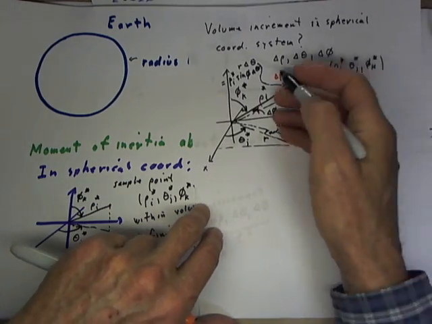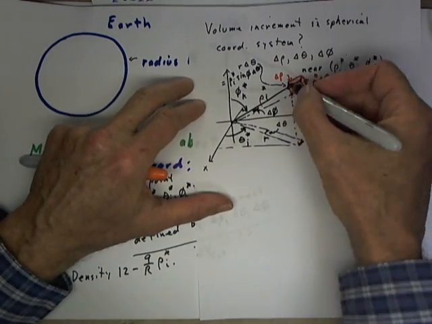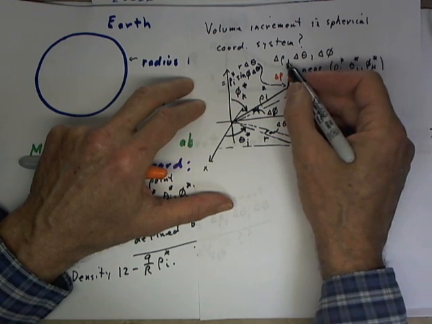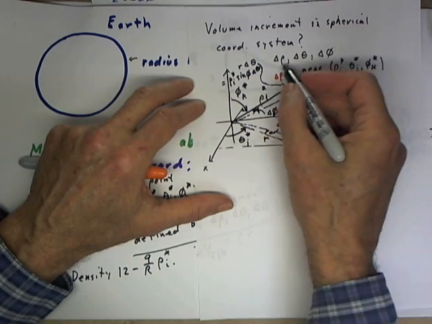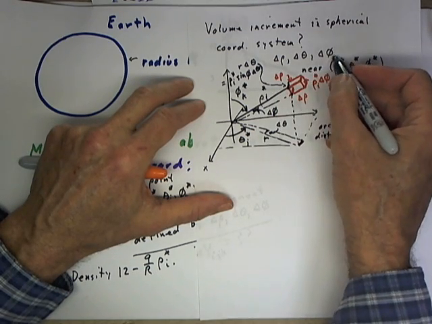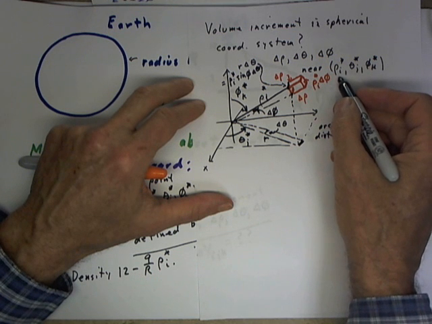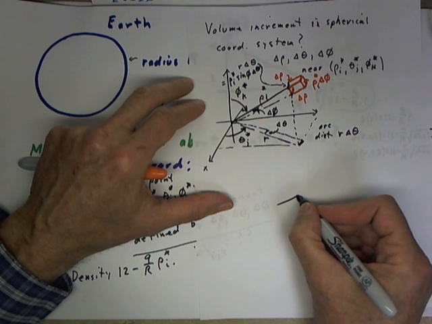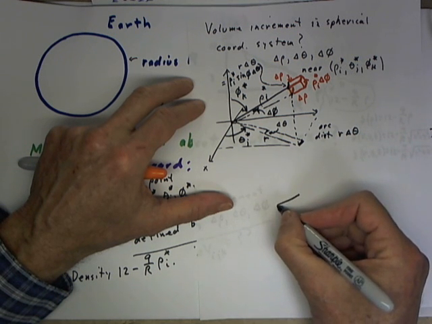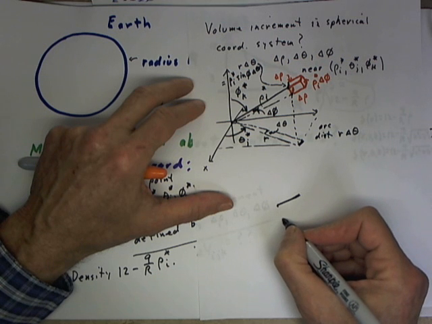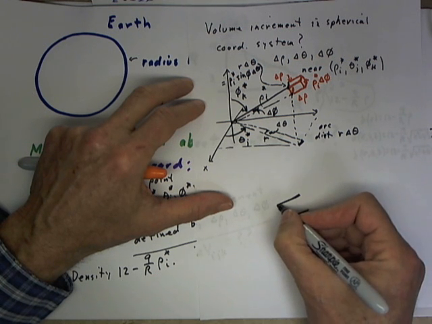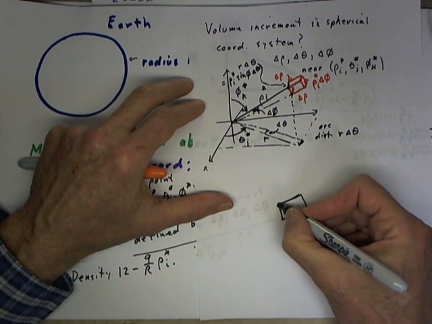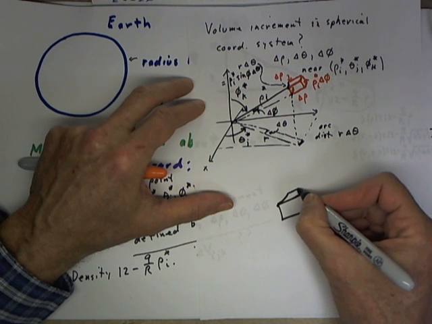Now I should have drawn this picture a little larger, but the point then is that if I have a volume increment defined by the change in rho, change in theta, change in phi near this point, rho I star, theta j star, phi k star, well, this line's going to be straight, this line's going to be straight. We'll have an arc corresponding to the delta phi at the distance rho, and an arc corresponding to our delta theta.